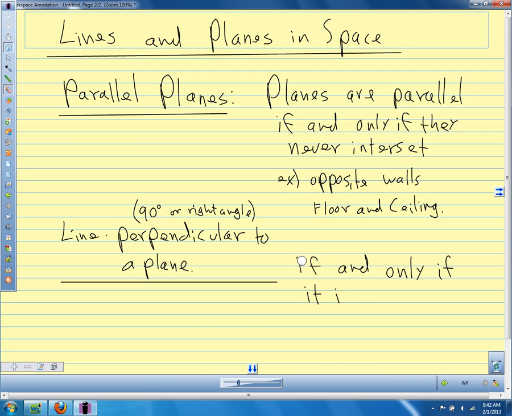I'm going to back up a little bit, and let's talk about this for a second. For a line to be perpendicular to a plane, what has to be true about the line and the plane?